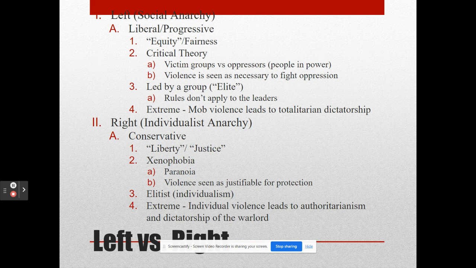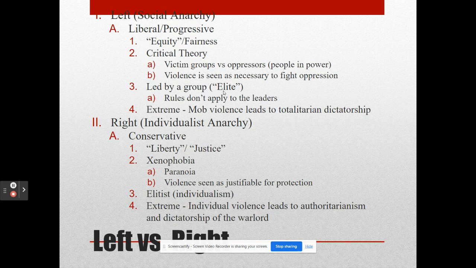The victim group is an economic class, the worker. The oppressor is the business owner or the government, or maybe it's a particular ethnic group. The oppressors are the people in power. Violence is good and necessary to fight this oppression. For the liberals and progressives, there will be a group, an elite, who will rise up to lead all the other people in this great new overthrow of the oppressor.